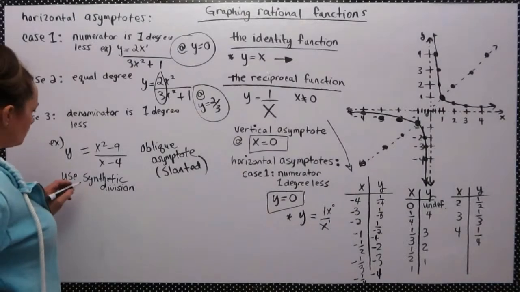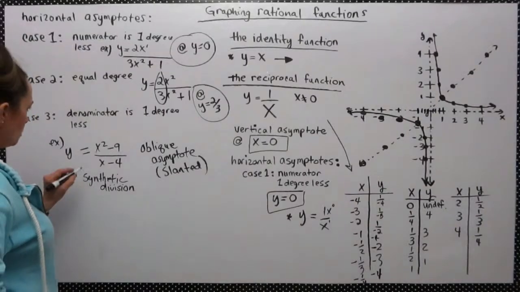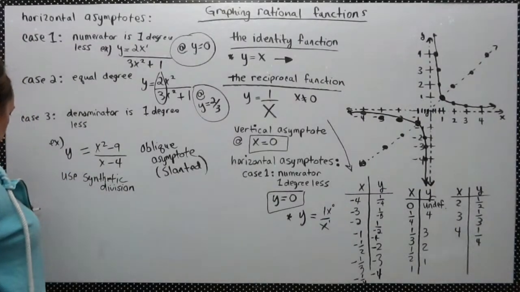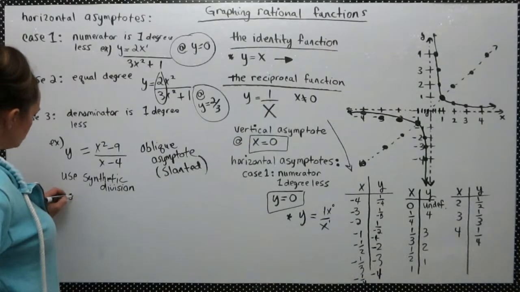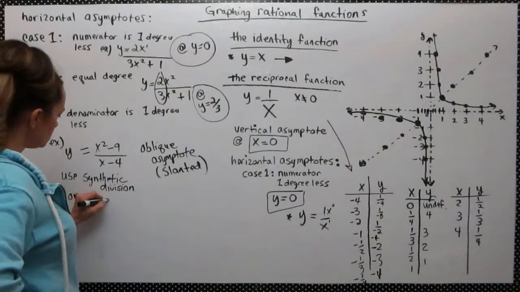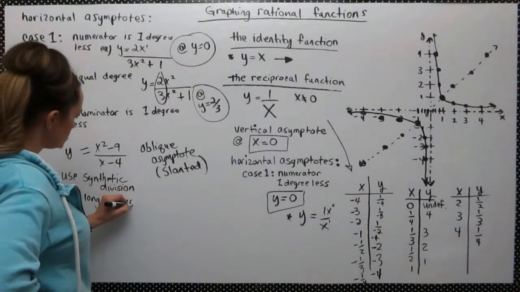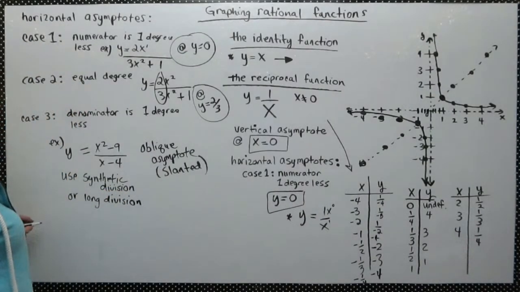All right, so it's a shorthand from long division. So you can either use the long division method, so we'll say synthetic division, or long division. And what I really want to do is practice this. So we'll find it real quick.